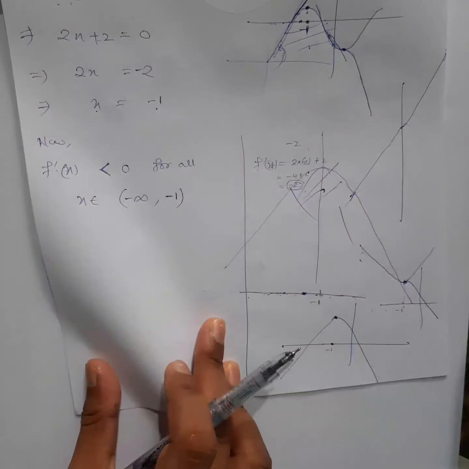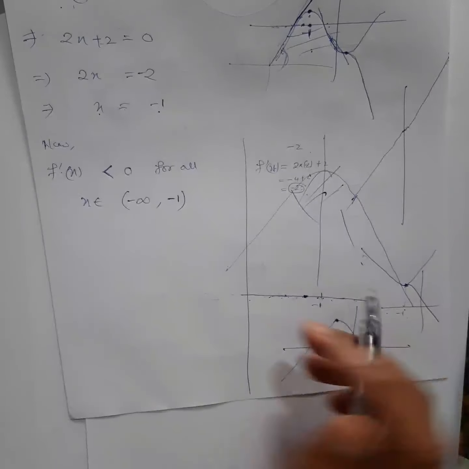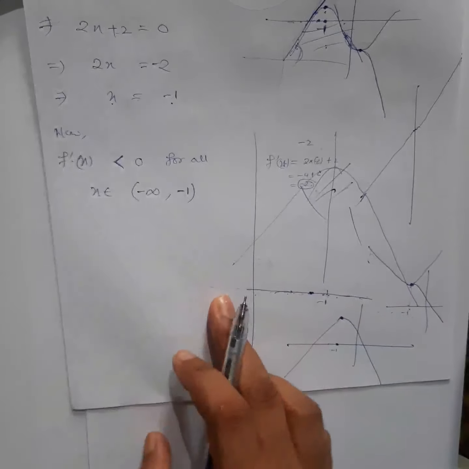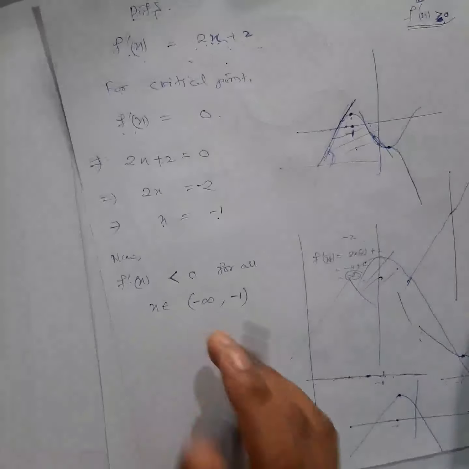And we know that if f dash x is negative, then the graph will be decreasing. That is, f x will be decreasing. The function will be decreasing. So how can you write it down?